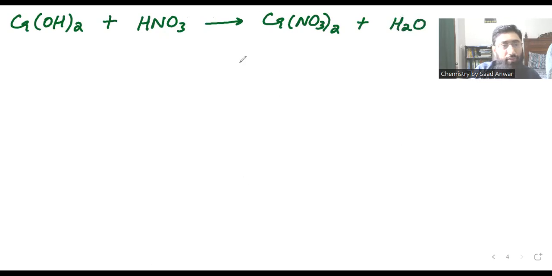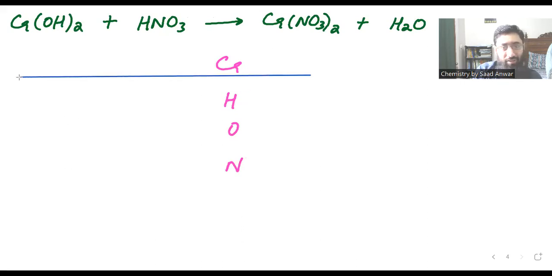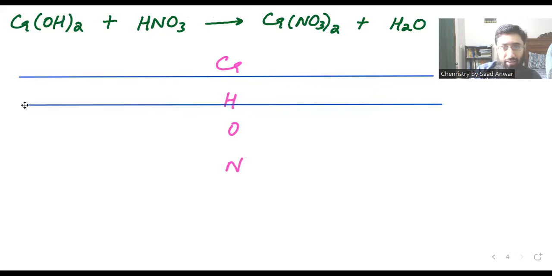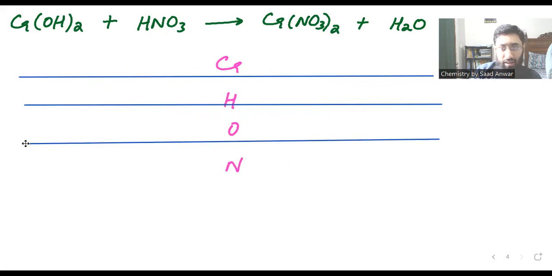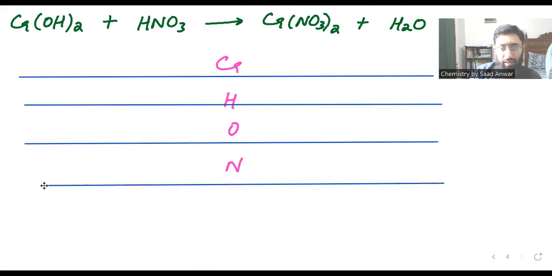Okay, now guys, we have calcium atom here, hydrogen atom, oxygen atom, and nitrogen atoms. All right, and let me draw lines here. So put one line, another line, and another line, and another line.